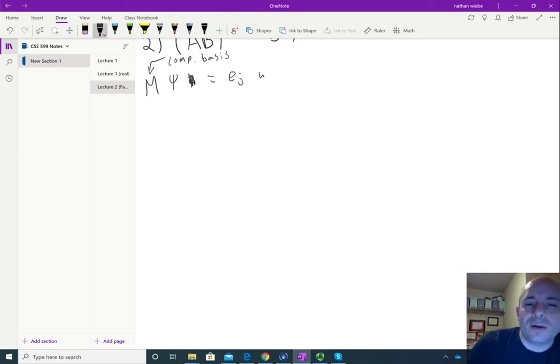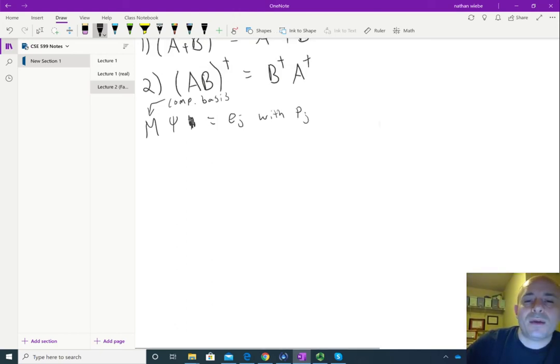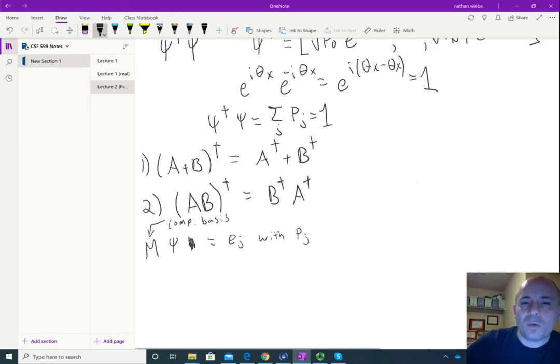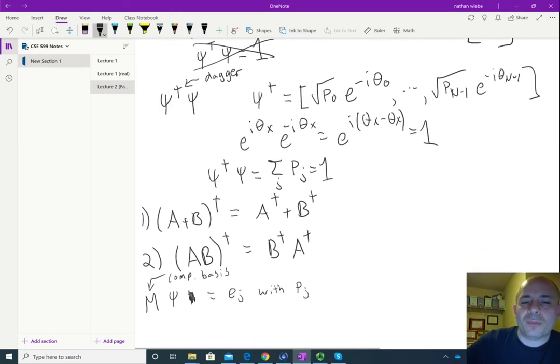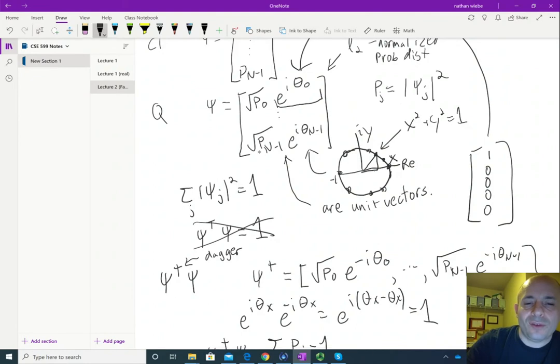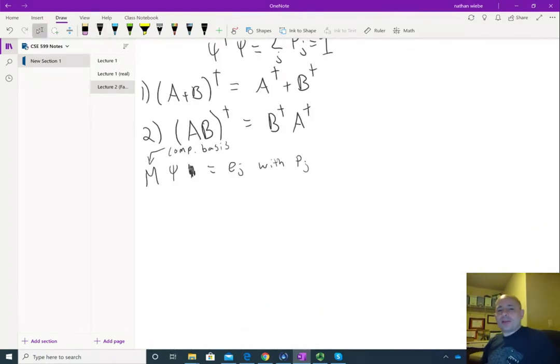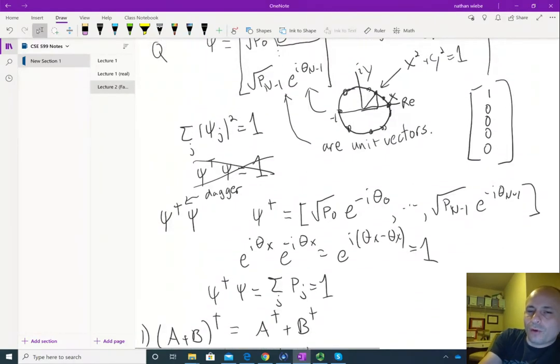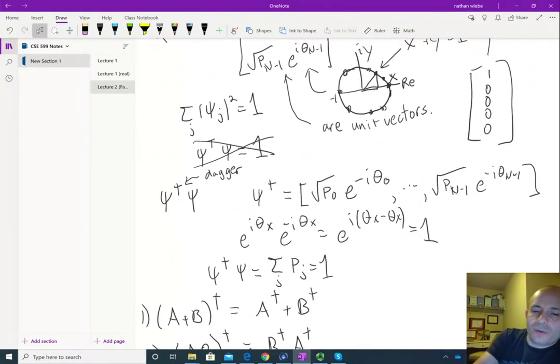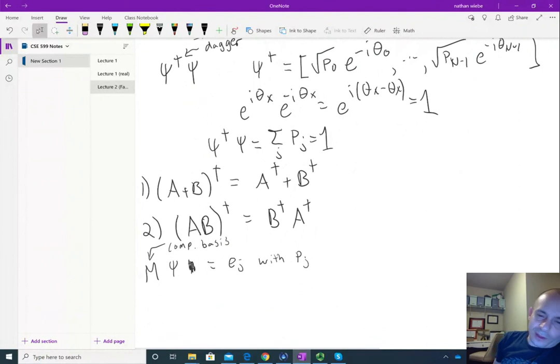So that's what measurement does. Measurement in this case will compress our unit vectors to single computational basis vectors.